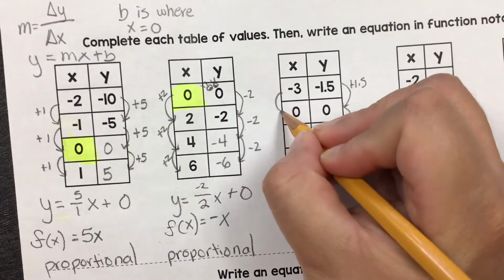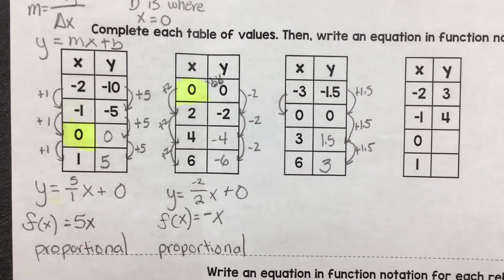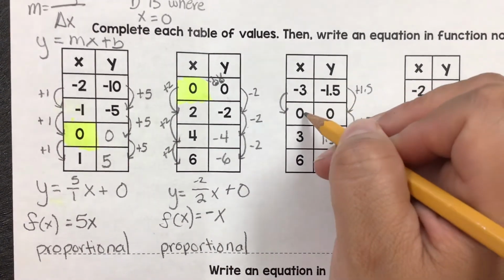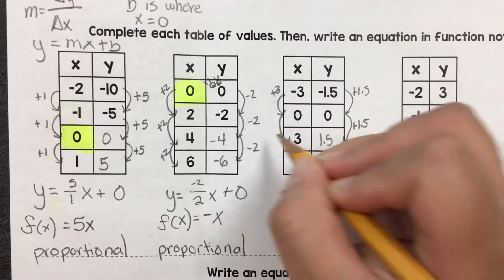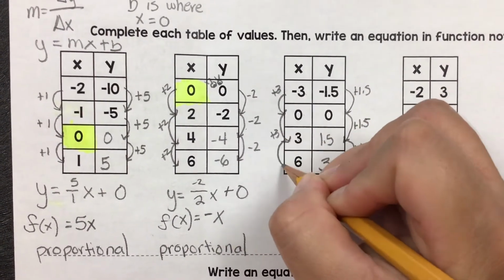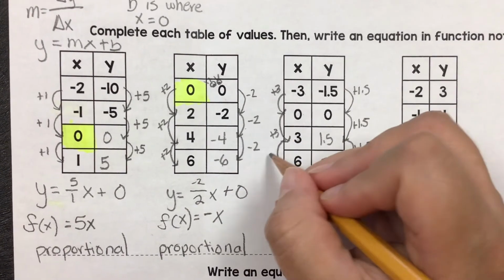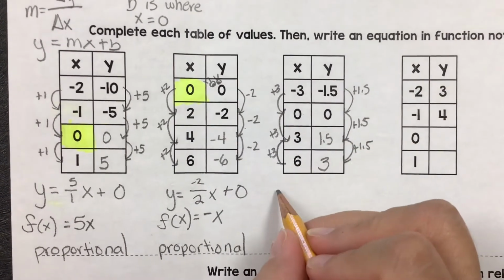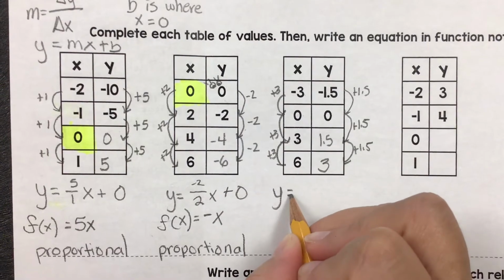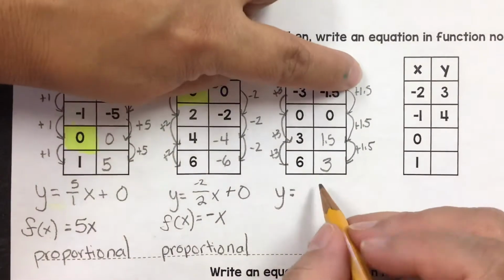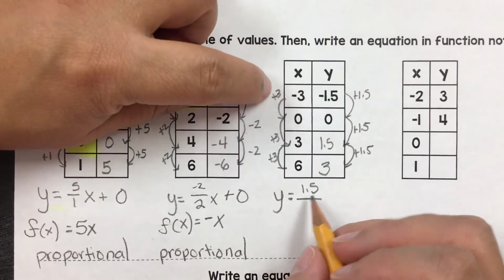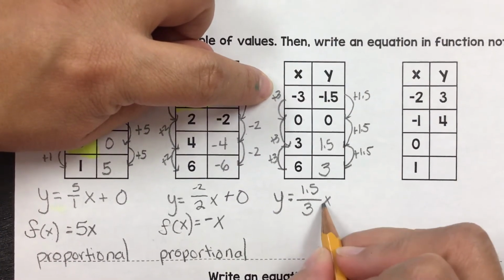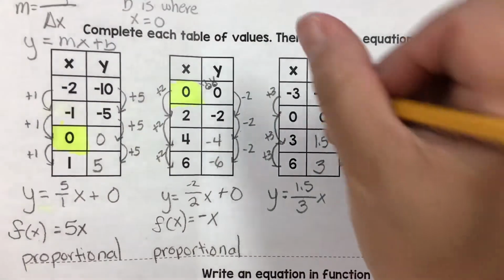And then we have to look at the changes of x. Negative 3 to 0 is a plus 3. 0 to 3 is a plus 3. 3 to 6 is a plus 3. Our formula was y is equal to the changes of y, 1.5, divided by the changes of x, 3, x, and then what am I looking for?